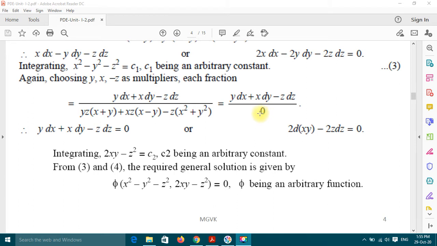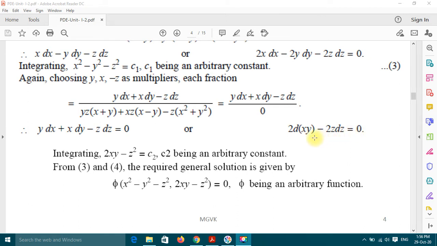So we cross multiply it, and then we get the numerator to be y dx plus x dy minus z dz is equal to 0. This is an exact differential form of d(xy). So we write y dx plus x dy to be d of xy, minus z dz, and multiply with 2, we get 2 d(xy) minus 2z dz is equal to 0.